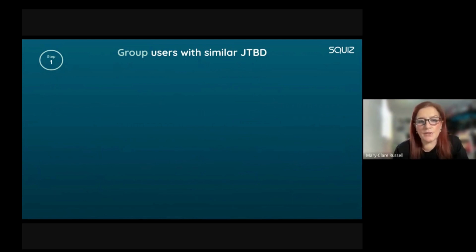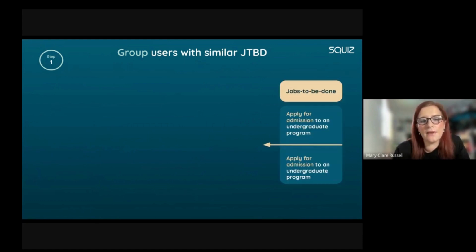Jobs to be done can be used to group users based on shared jobs as the primary criteria. Other demographic factors can supplement the segmentation to refine it further, where it makes sense. Say you're looking to create an optimal experience for your prospective students. In this very high-level example, the job to be done is to apply for admission to their chosen undergraduate program.